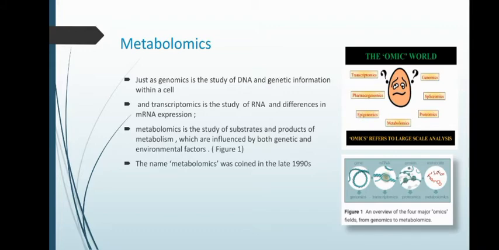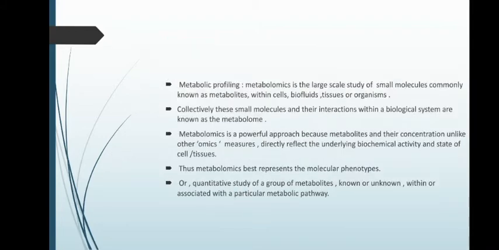Now we will learn about metabolomics. Metabolomics is the systematic study of small molecules. It gives the whole profile of a molecule, including its phenotype, its structure, and metabolic fingerprint, which tell us about the chemical process in which a small molecule is involved.